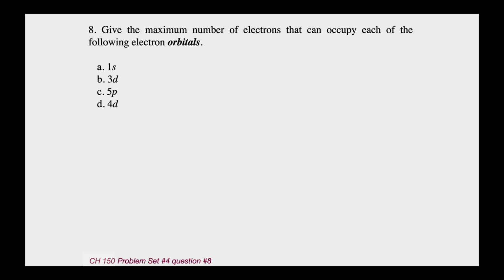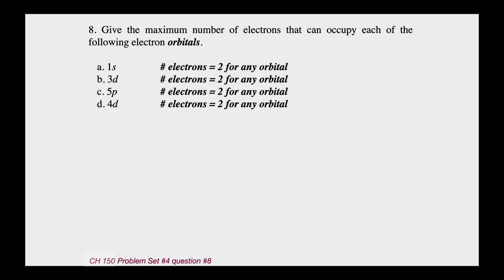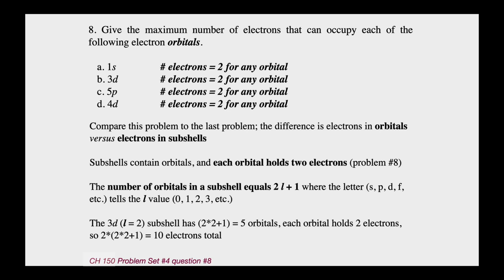So remember that a subshell is like a dorm level of a dorm, all right? And the number of rooms is like orbitals, but you can only have 2 electrons per orbital, or two people per room. So the answer for the number of electrons in an orbital is just 2. Each one of them can hold only 2 electrons, all right? So this brings up a good point.